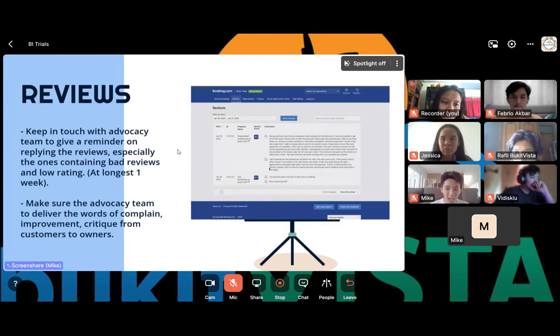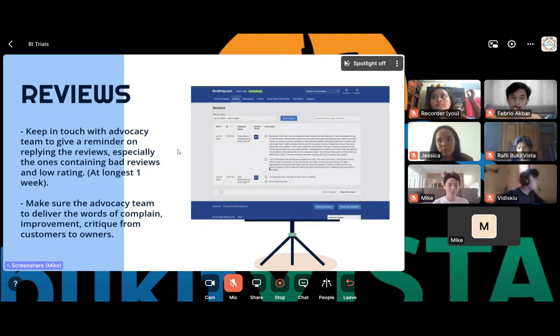Also, yesterday when I did an investigation, there are a lot of reviews on Bukit Vista properties that are not replied to. My recommendation is that we keep in touch with the advocacy team to give a reminder on replying to reviews, especially the ones containing bad reviews and low ratings.